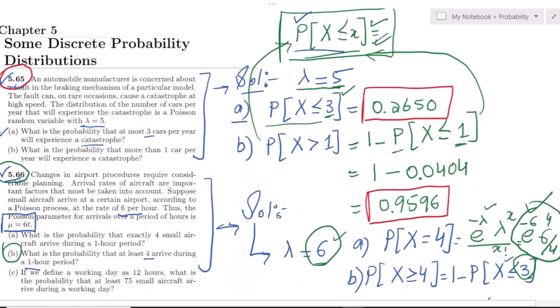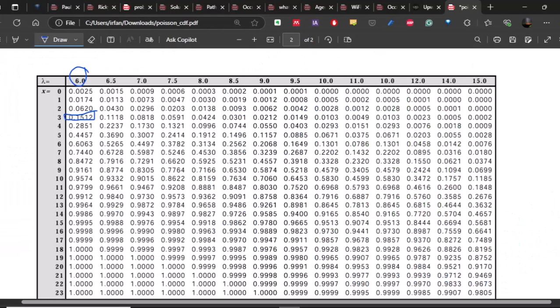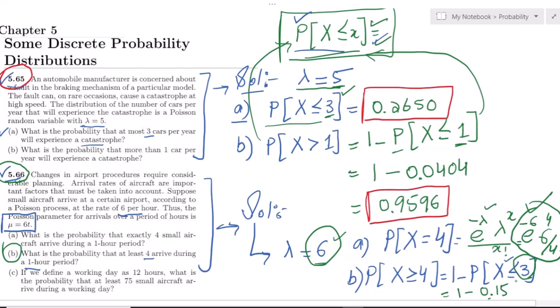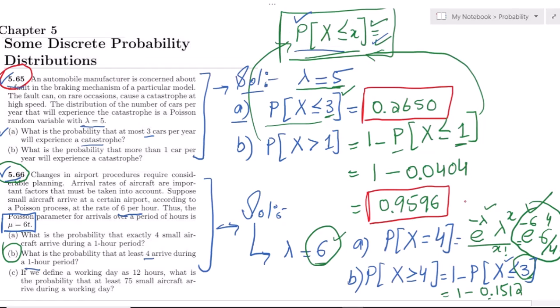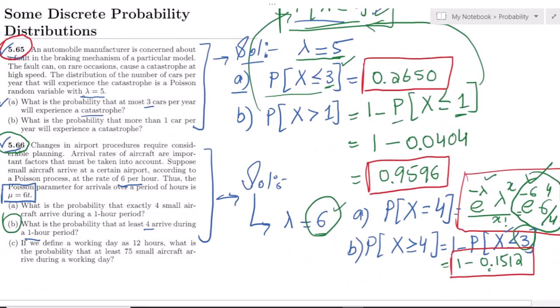Let me write 1 minus 0.1512. If I subtract the values, we will get the answer. That is the solution of part B of my question.